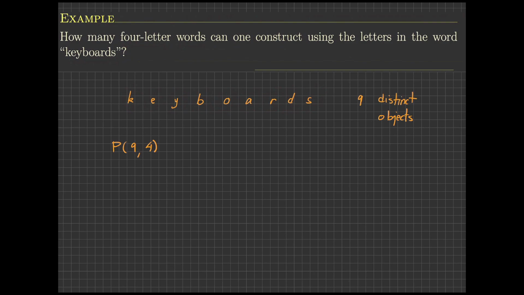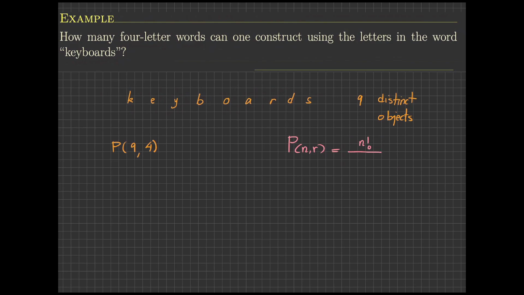How should I calculate the value? Let me remind you about the formula. If you have P(n, r), the answer is n factorial: the first number's factorial appears in the numerator, and the factorial of the difference appears in the denominator.